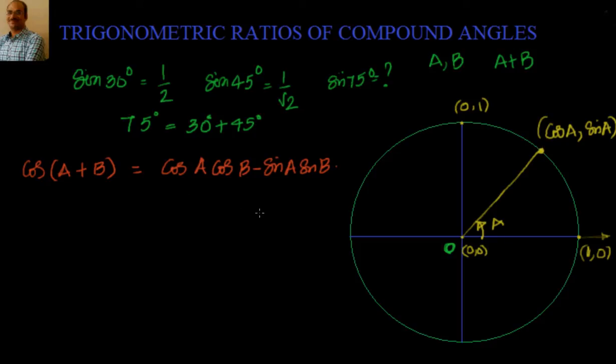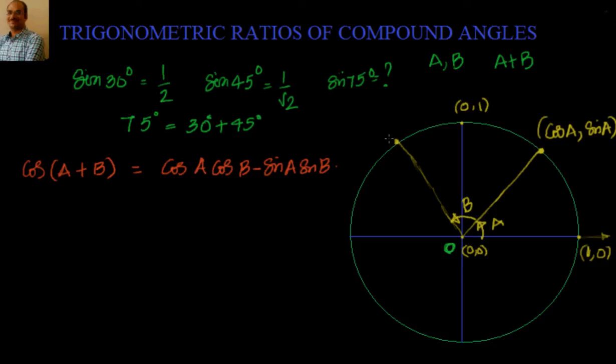Now let us see what else I need. I need B because I want to go for A plus B. So from here I will take B and draw another line, and this angle is nothing but equal to B. So the angle from origin to here in anti-clockwise direction is A and this angle is B. Now what is this total angle from here?